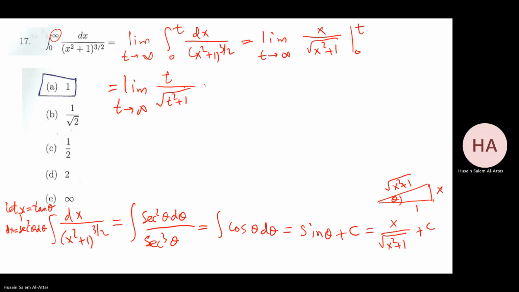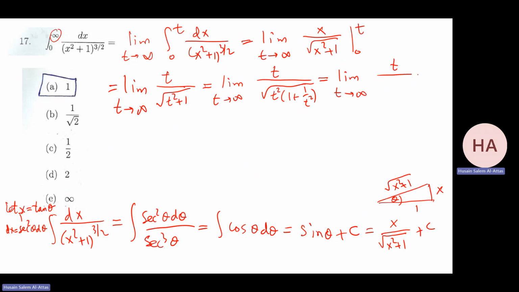Now, if I remember in Math 101 what we did in such cases, I will take t squared as a common factor. I have 1 plus 1 over t squared. There are many methods to do that. Or I can divide by t, but this will also work. T goes to infinity. I have t over the square root of t squared, times the square root of 1 plus 1 over t squared.